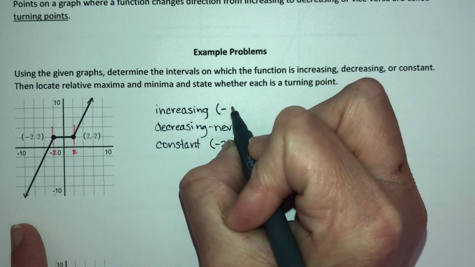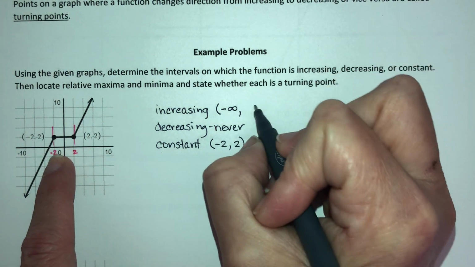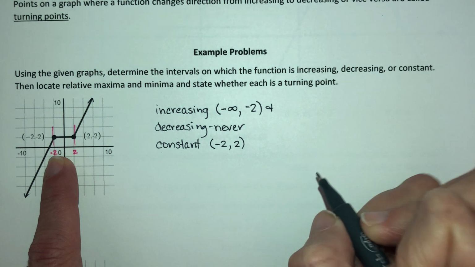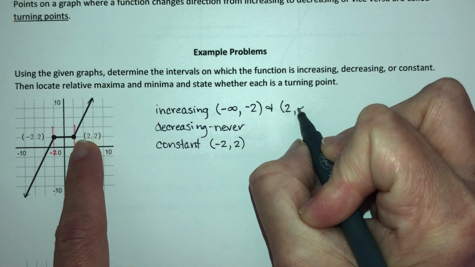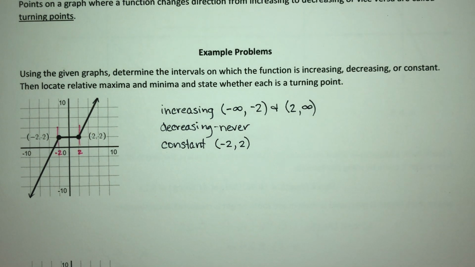So it's increasing from negative infinity up to negative 2 on the x-axis. And then again from 2 to positive infinity. Okay. So that's increasing, decreasing, and constant.